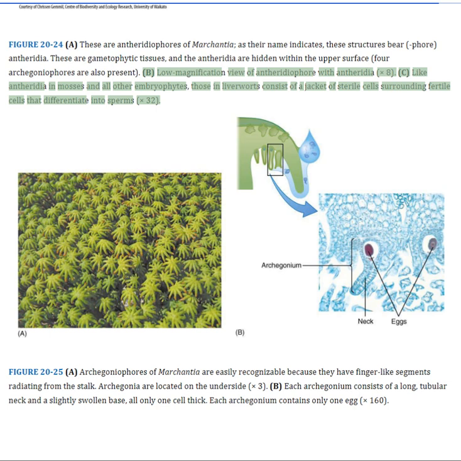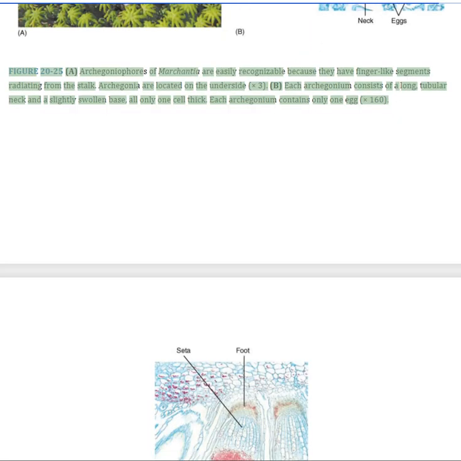Like antheridia in mosses and all other embryophytes, those in liverworts consist of a jacket of sterile cells surrounding fertile cells that differentiate into sperms. Figure 20-25. Archegoniophores of Marchantia are easily recognizable because they have finger-like segments radiating from the stalk. Archegonia are located on the underside.